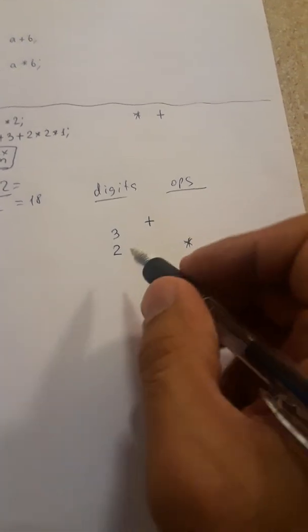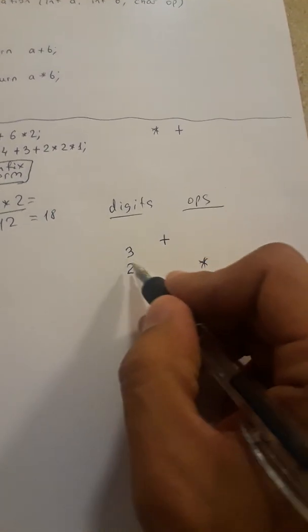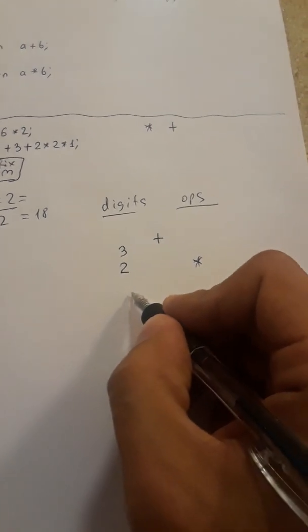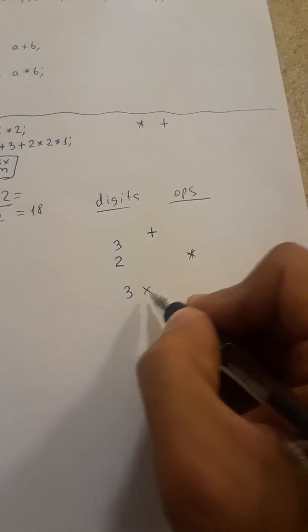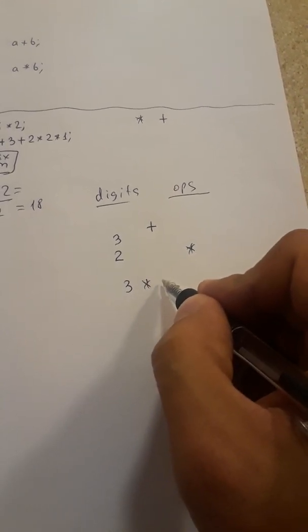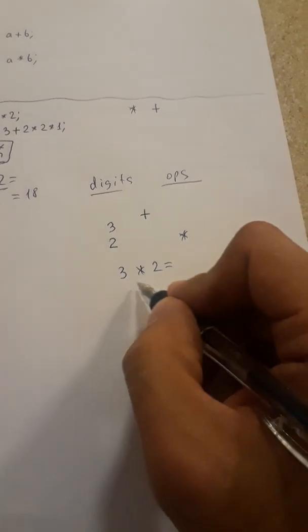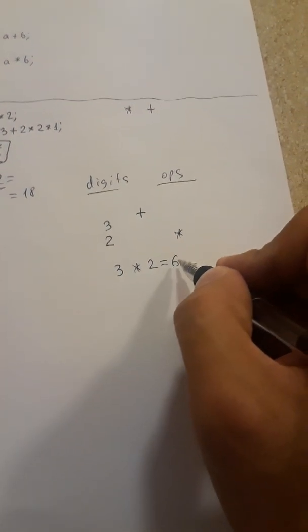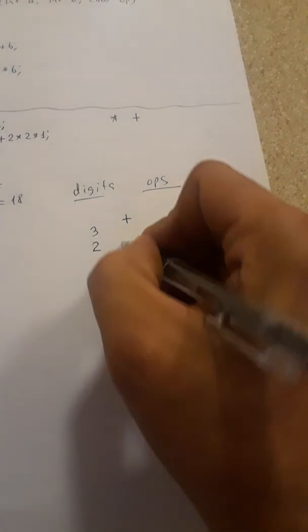the calculation accordingly. So here when we see plus, we will pop the numbers from the digits, like 3, then the operator, like multiply, and multiply 3 by 2, and the output result we will push back to the stack.